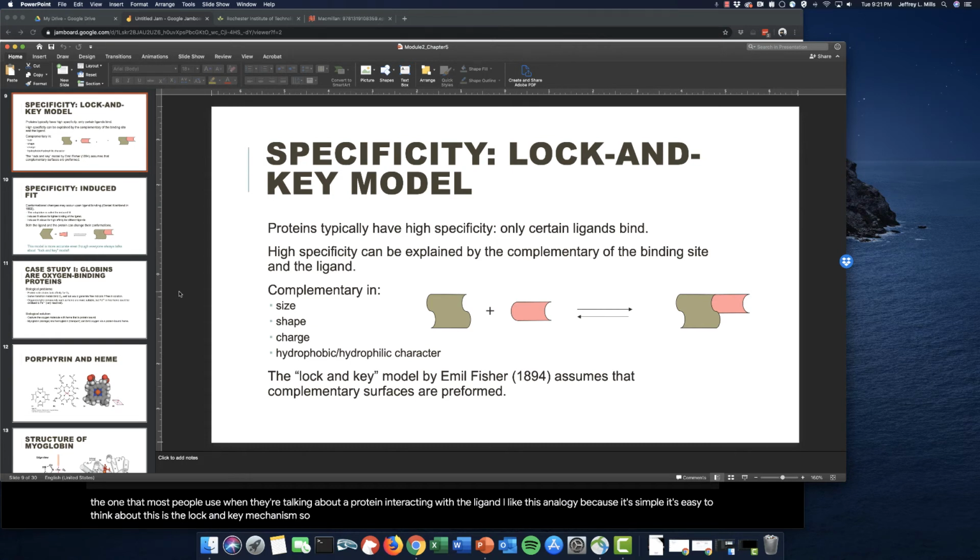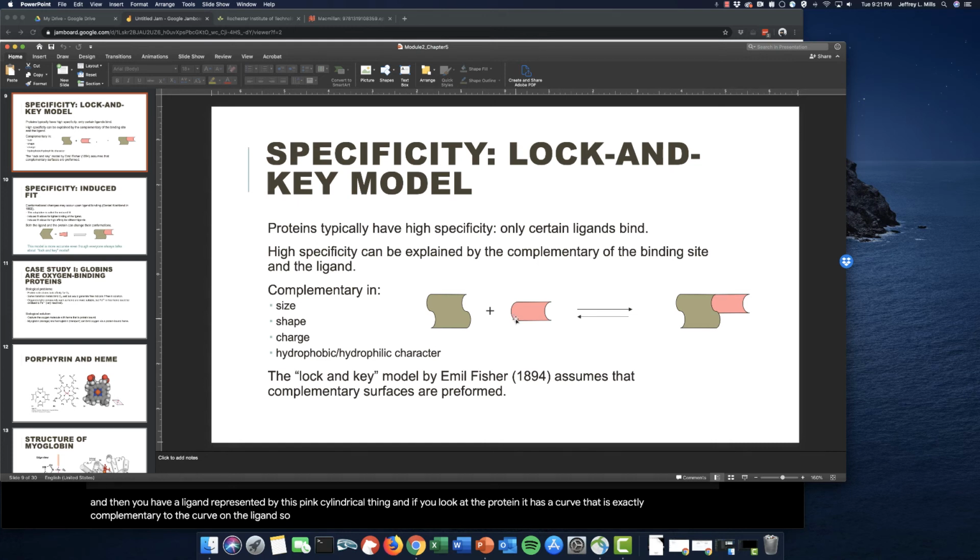So the idea is that you have a protein represented by this, I don't know, brownish S-curve thing. And then you have a ligand represented by this pink cylindrical thing. And if you look at the protein, it has a curve that is exactly complementary to the curve on the ligand.